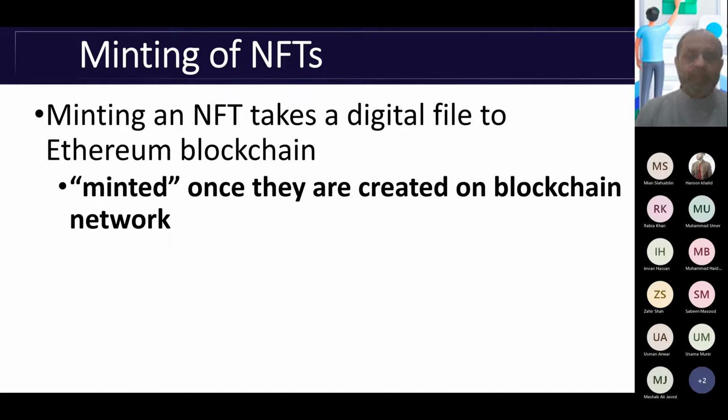So minting an NFT only means that you have a digital piece of art, and it may not be digital, as I mentioned earlier, maybe a physical thing that you are creating on a marketplace, creating a unique token for this and putting it on an Ethereum blockchain.